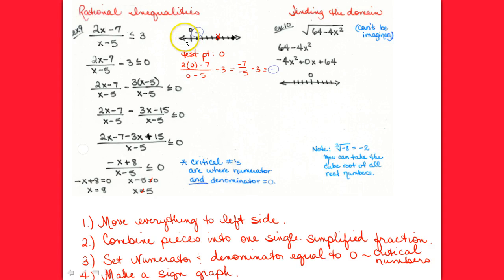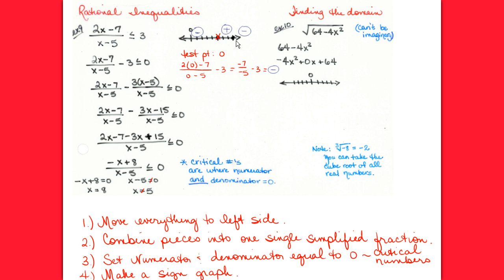So if it's negative here, when I cross a single critical number, does the sign change? Yes. So I'm going to have a sign change at this single critical number, and I'm going to have a sign change at this single critical number. So there's my sign graph.